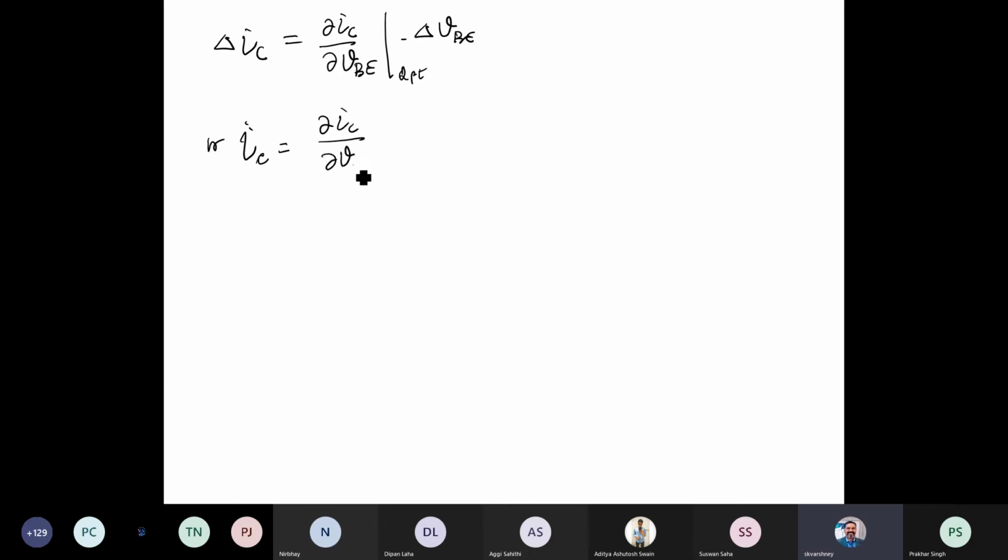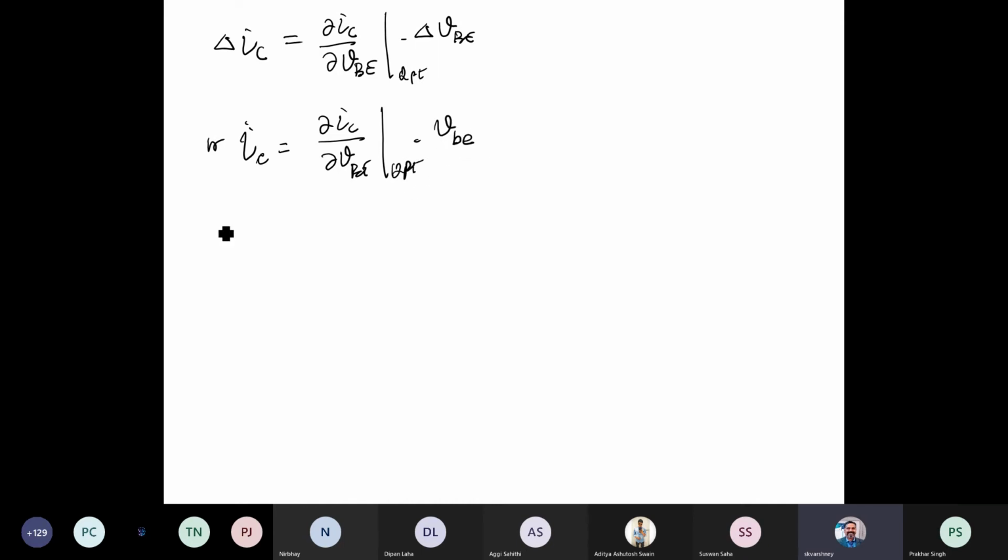So that means we can write the change delta IC partially as del IC over del VBE at the Q point, multiplied by del VBE. Or we can simply write delta IC over delta VB at the Q point.